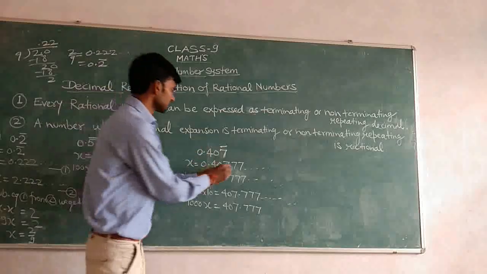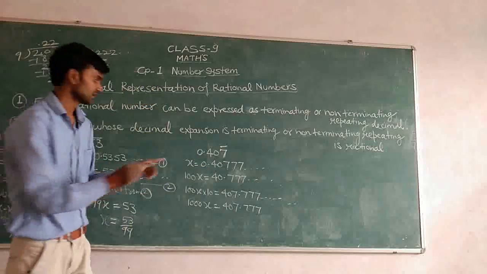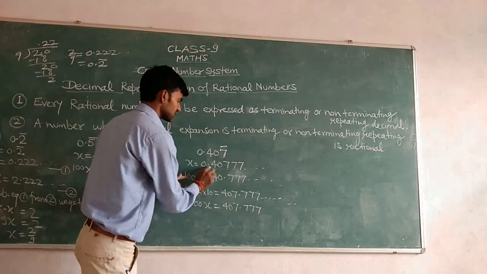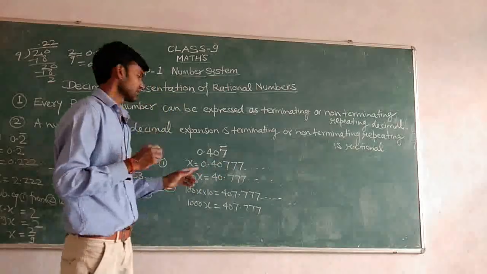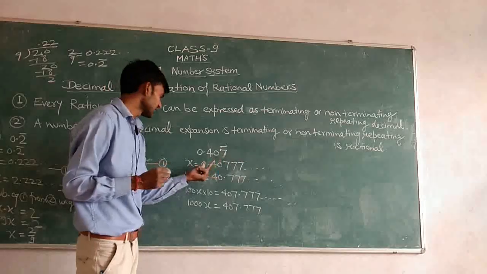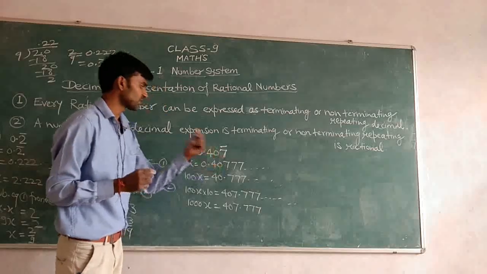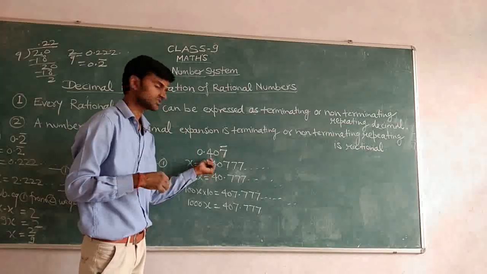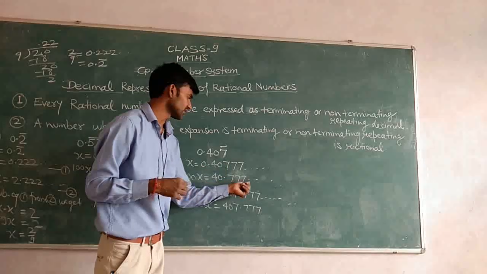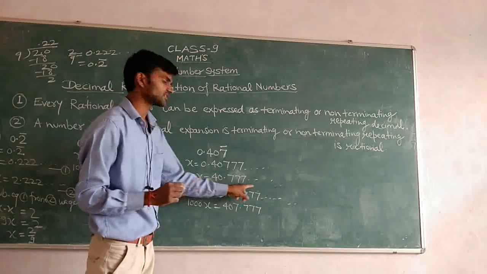The 2 numbers 40 are not repeating, and to remove these 2 places we have to multiply by 100. Multiplying by 100, we get 100x, and the decimal moves 2 places, so it becomes 40.777 and so on.